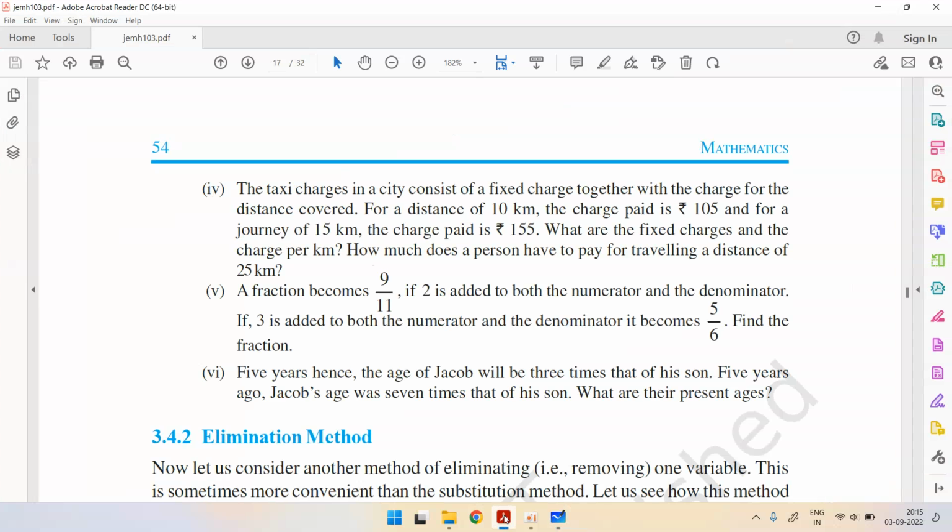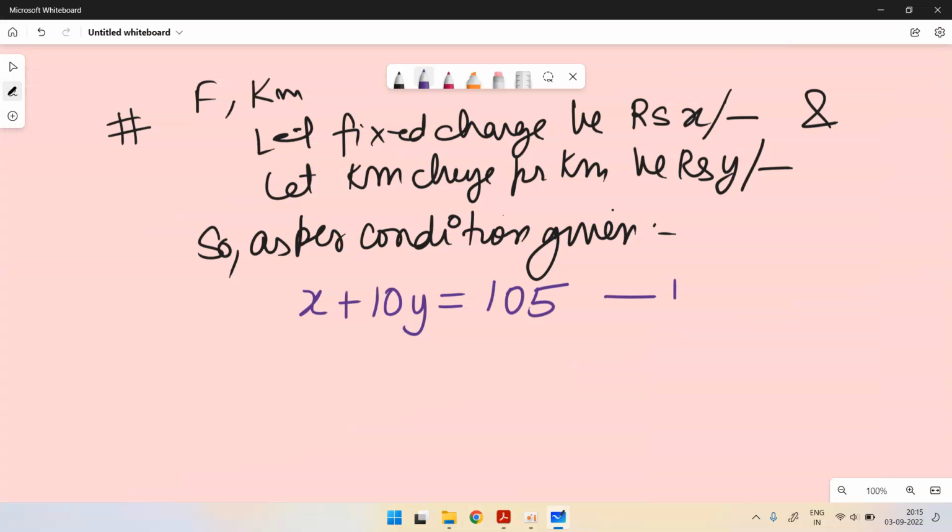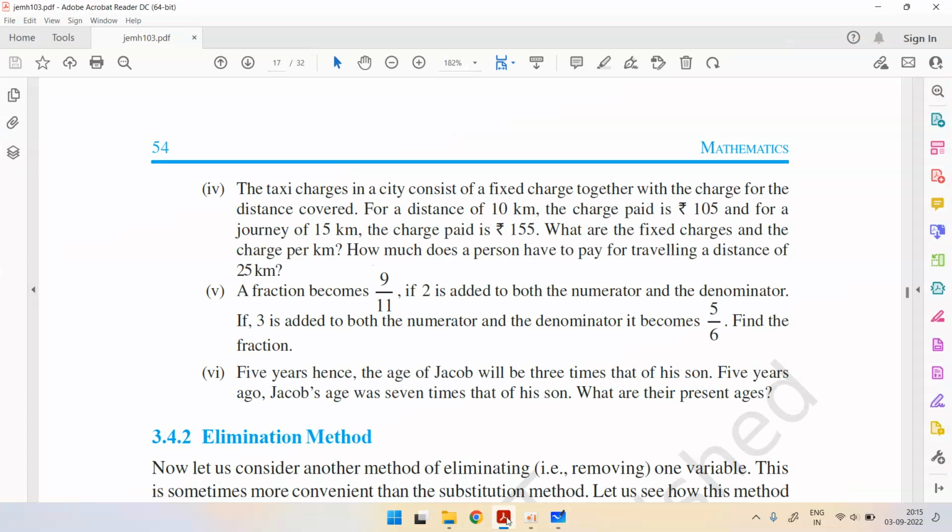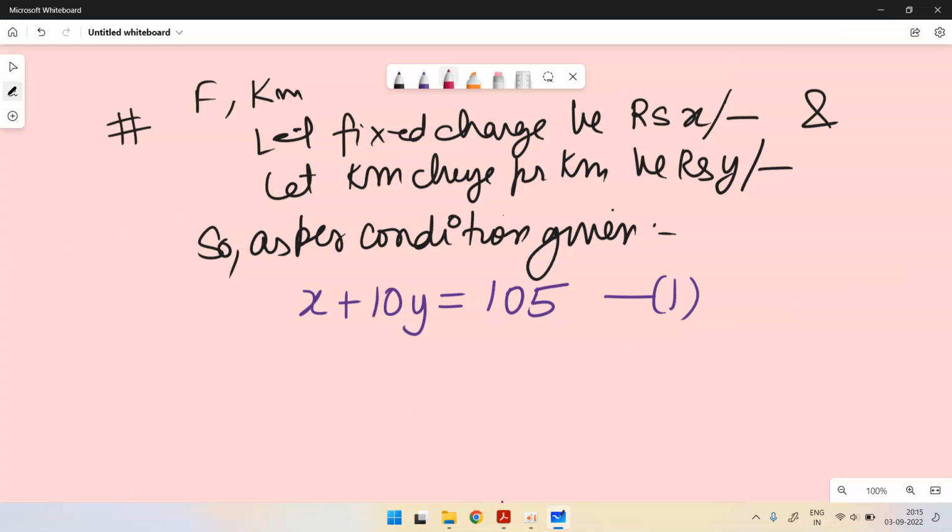This is equation number 1. And from equation number 2, for 15 kilometers the charge paid was 155. So x plus 15y equals 155, because x is the fixed charge and it will always be there, and the variable charge is this. So this is your second equation.